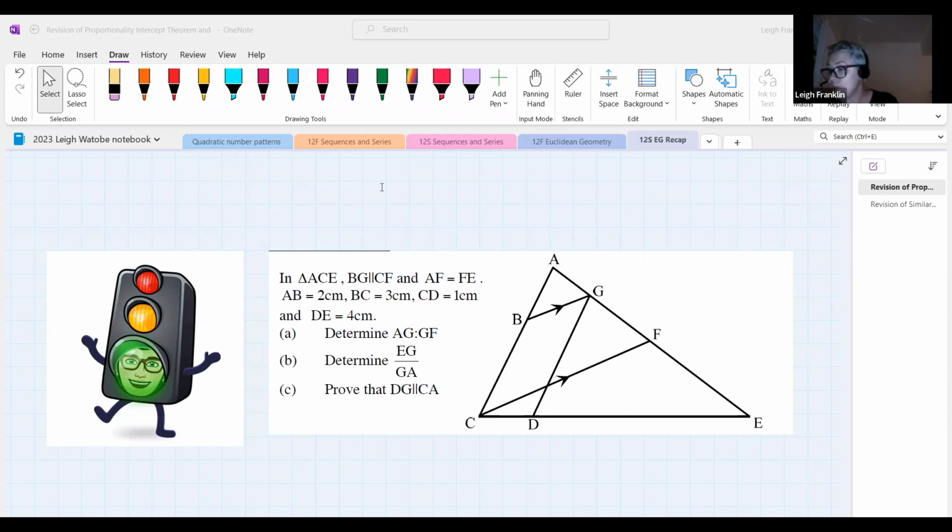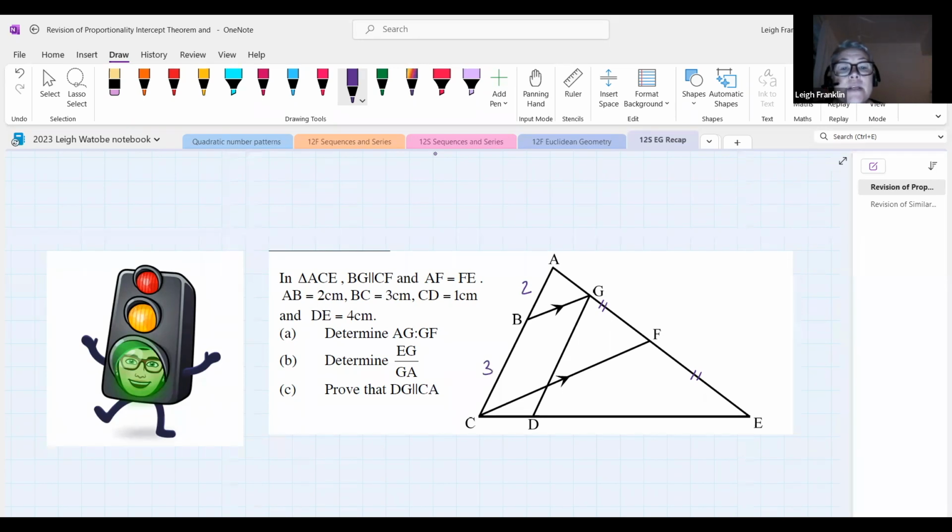What I'm going to do is I'm just going to assist you a little bit, and I'm going to put in the information that is given onto this diagram for you. Okay, so they've told us that BG is parallel to CF. That's already been shown to you by the fact that there are arrows on the lines. The other thing that they tell us is that AF equals FE. So I'm going to put two little lines at AF and two little lines at FE for you. AB is 2 centimeters. That's going to be 2 over here.